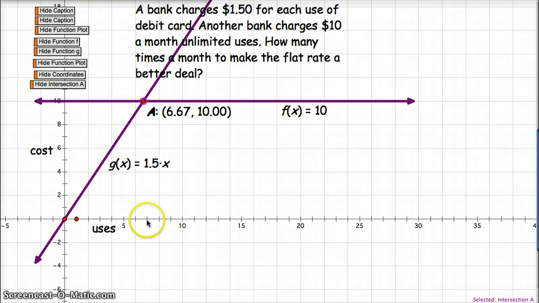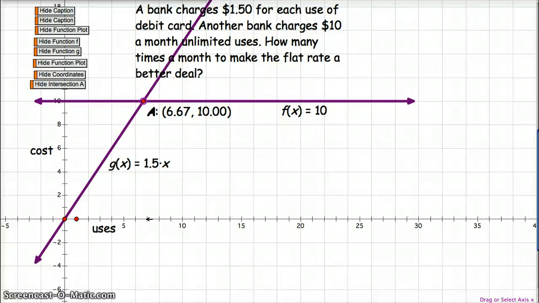At that 7 use mark, which is right about here, you're going to have the same fee. So if you use the debit card 7 times every month, it's not going to matter what company you go with, because you're basically going to be paying the same thing.